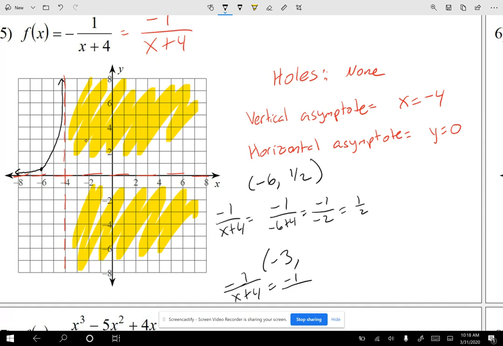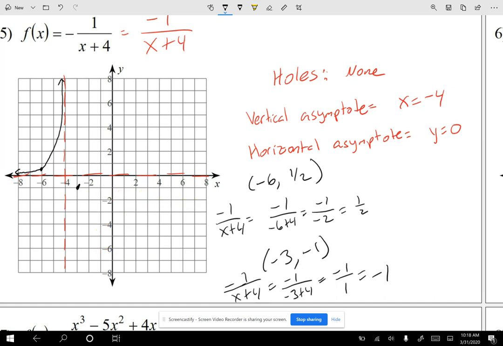So -1 over -3 plus 4. -1 over 1. That point is... So that tells me that my graph is in this section. So my graph is going to look like that.